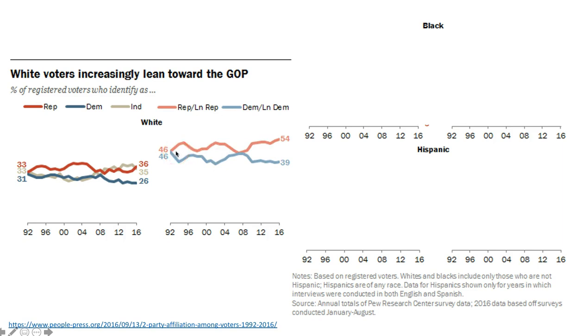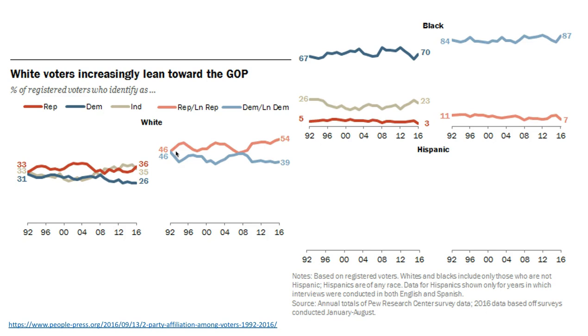Conversely, if you look at black voters, African American voters, you see a very different kind of scenario with party identification. Asking black voters here to pick a party, very different from what you see with white voters.